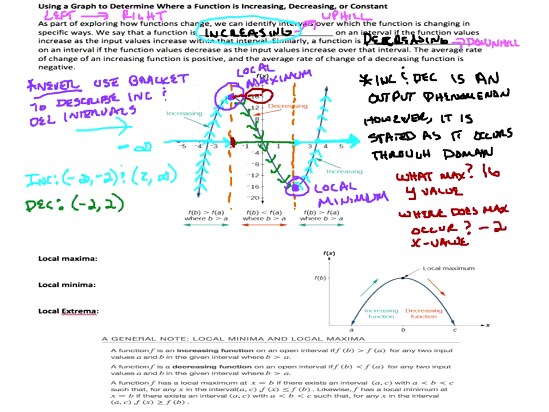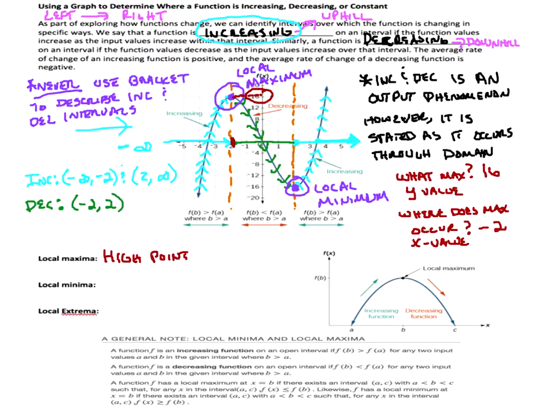So what is a local maxima? Now you've got a very lengthy definition in the box down at the bottom. But I'm just going to be plain Jane, let's just talk in normal talk. It's a high point. It's the top of the mountain.